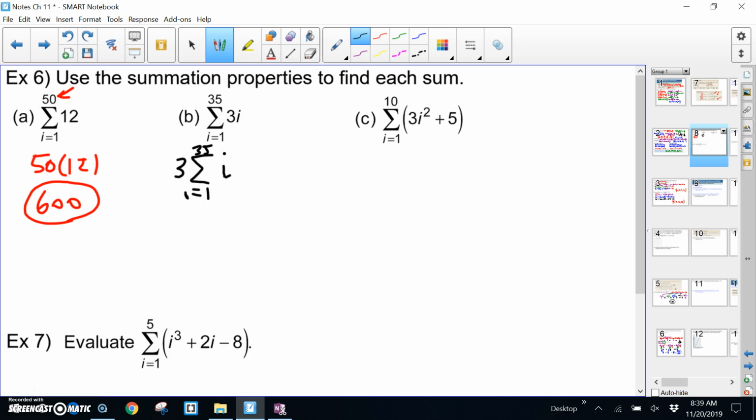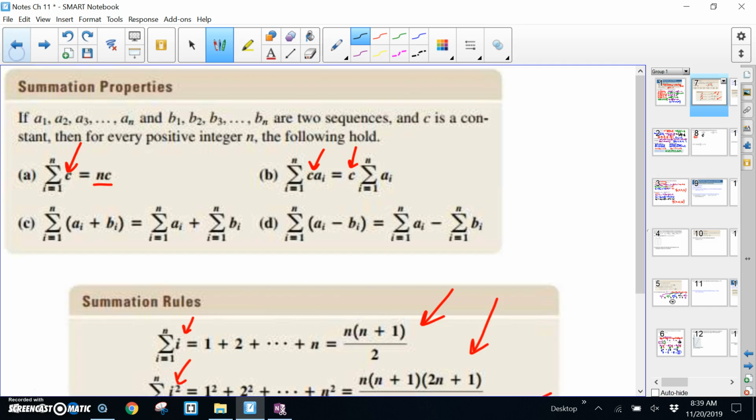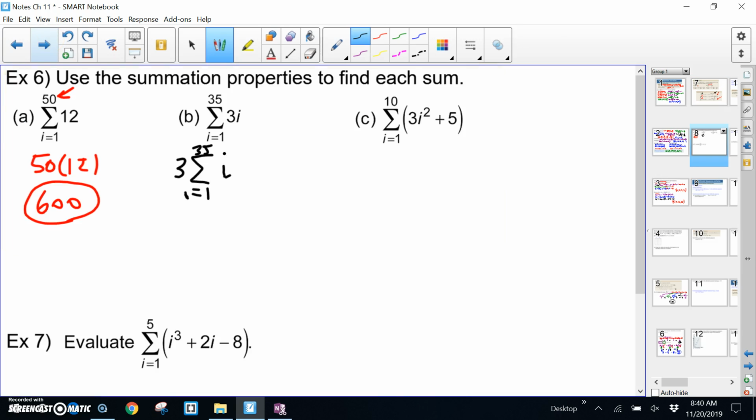But now what you've got is sigma i, which turns into this part of the shortcut: n times n plus 1 over 2. So I don't have to do all the adding from 1 to 35, because I can just use that shortcut.